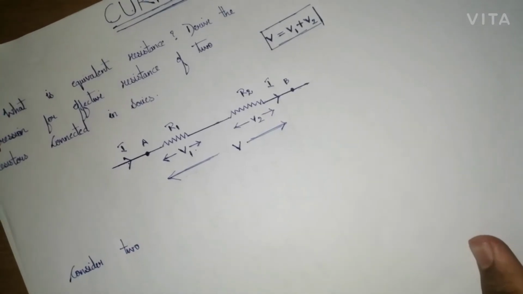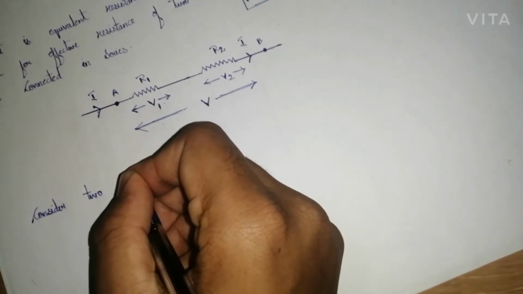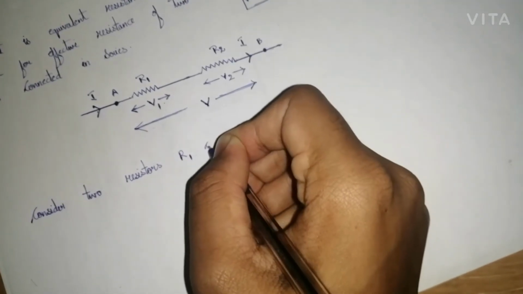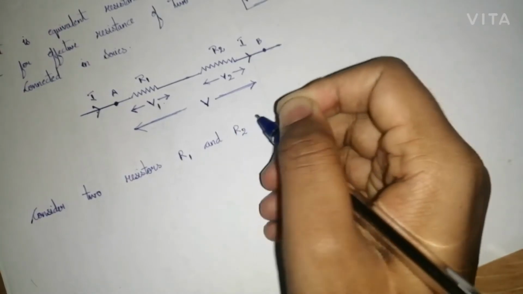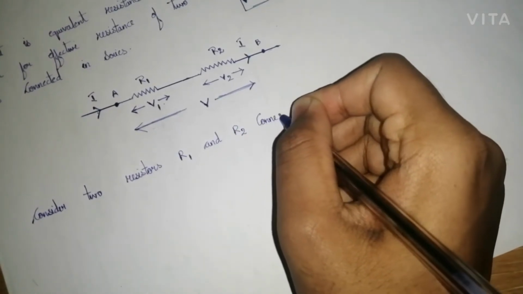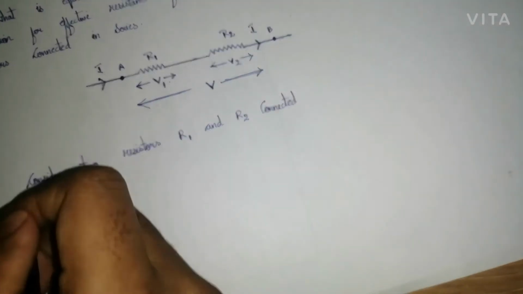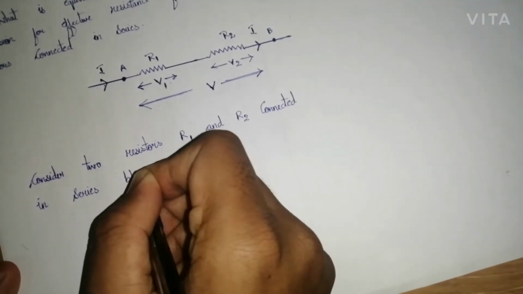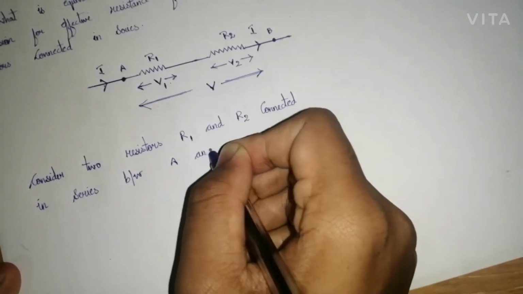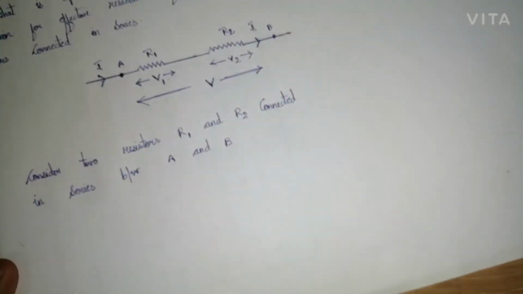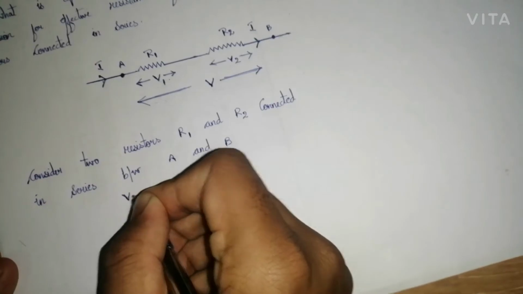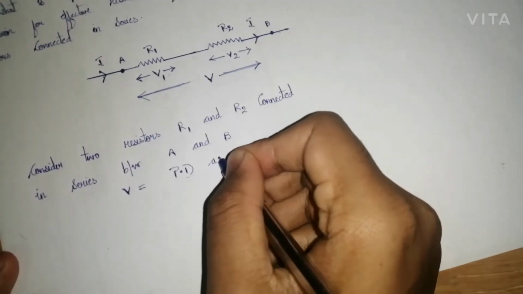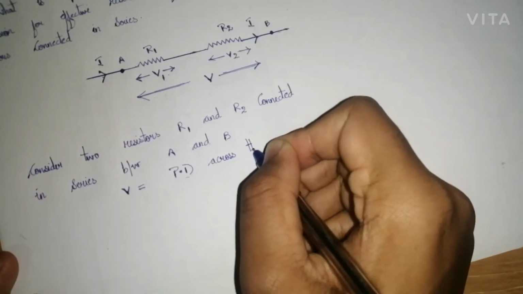Consider two resistors R1 and R2 connected in series between A and B. You have taken two resistors between A and B. Then let V be the potential difference across the combination.